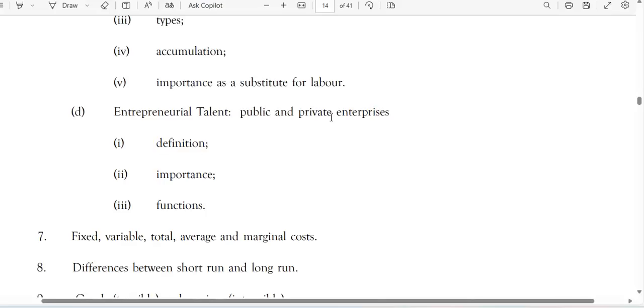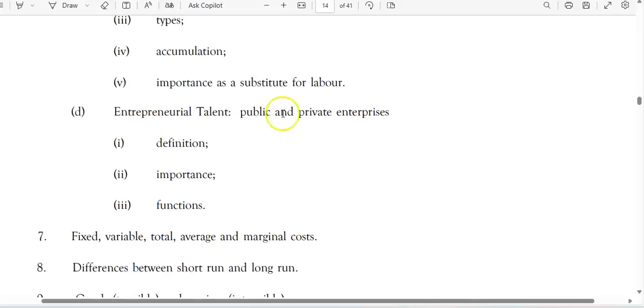So entrepreneurial talent in private enterprise takes full risk and rewards. Public enterprise is owned and operated by the government, and the aim is to provide public service, not necessarily profit. Example, Water Authority, National Airline, and Postal Services. Entrepreneurial talent in public enterprise may focus on national development, job creation, or providing essential services.